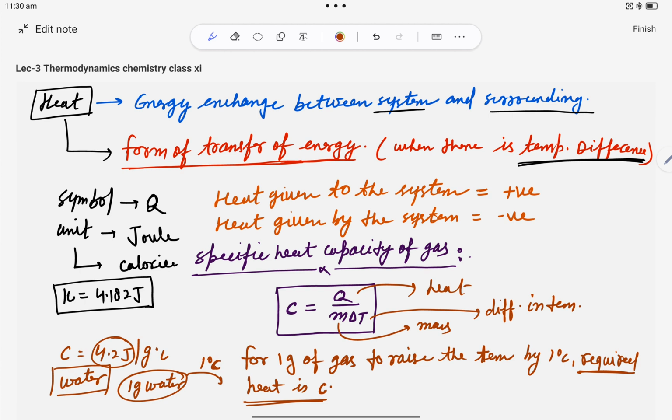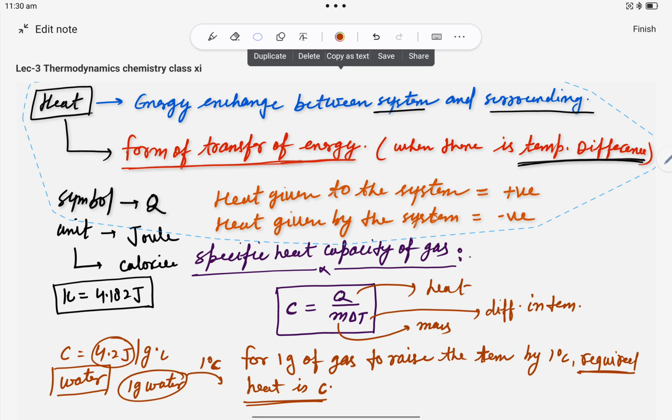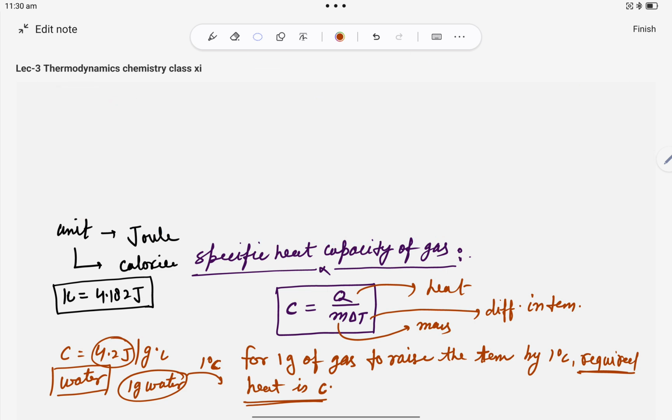Now, the specific heat capacity of gases we are talking about. Suppose for an isothermal process, it means T is constant.